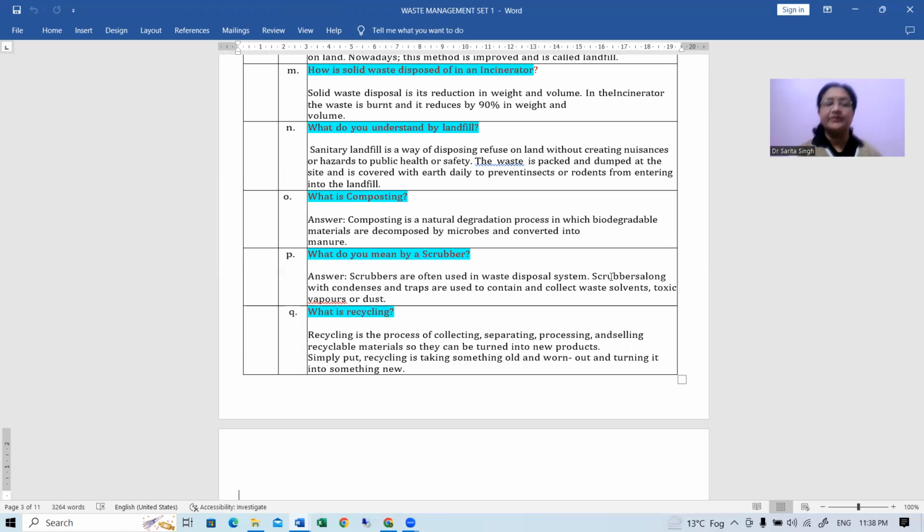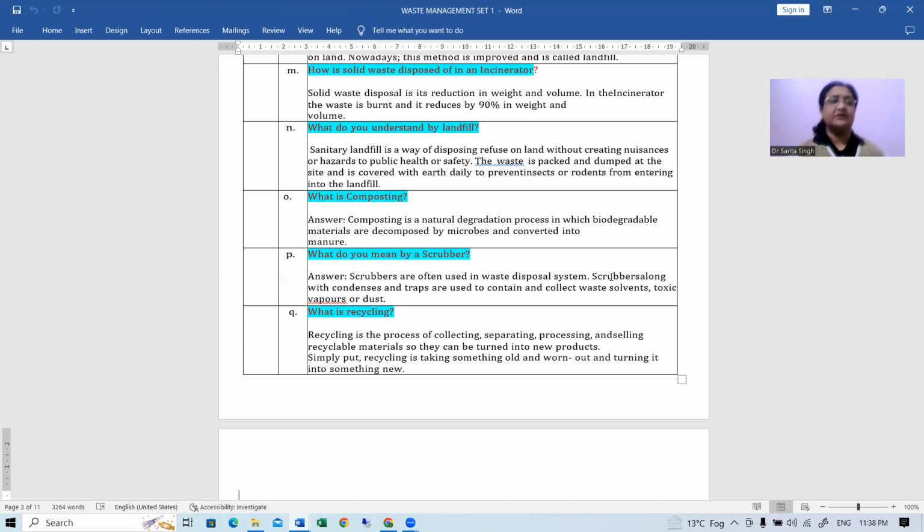In the case of open dumping, we have just discussed that several insects can grow up there and it can work as a breeding ground. But in this case, because it is covered by a layer of soil, no such insects can grow up there, or if they are seen, they are in very small numbers. Second, the foul smell is reduced to a great extent because it is covered with soil.